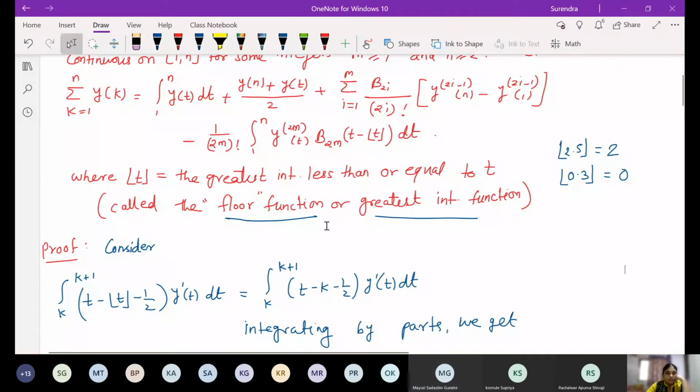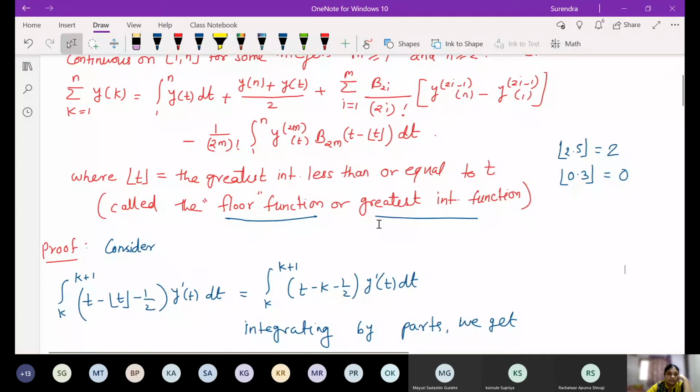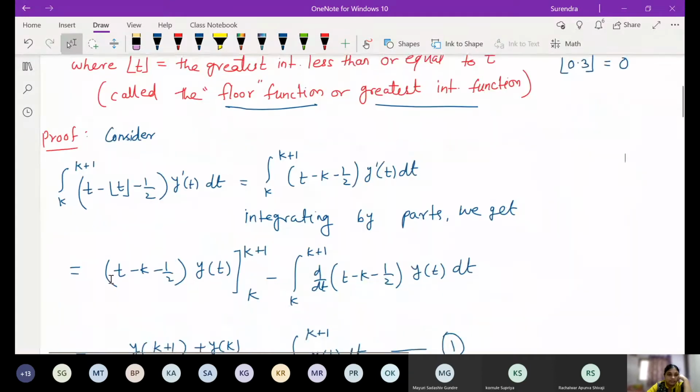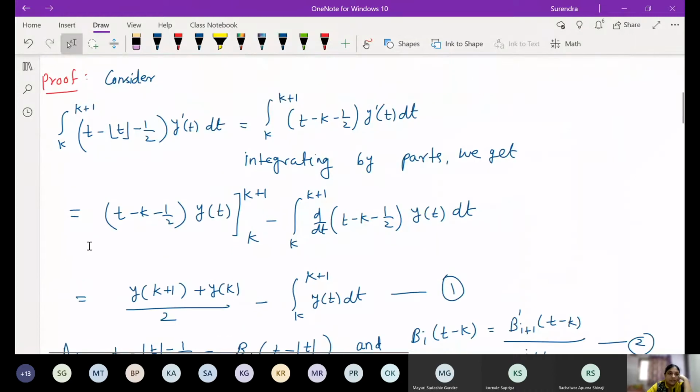Okay. So now we want to prove this. This finite sum is equal to this big formula. So for that, we will consider this integration. Integration k to k plus 1 of (t minus floor function of t minus half) into y dash of t dt.